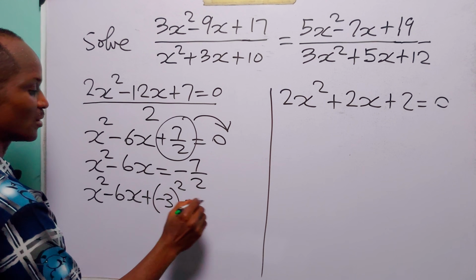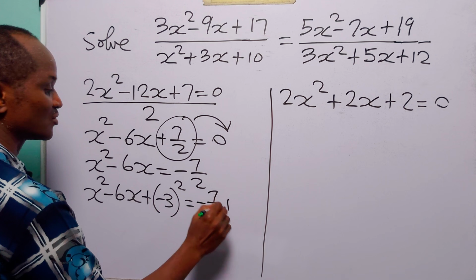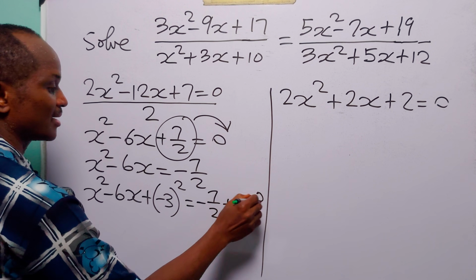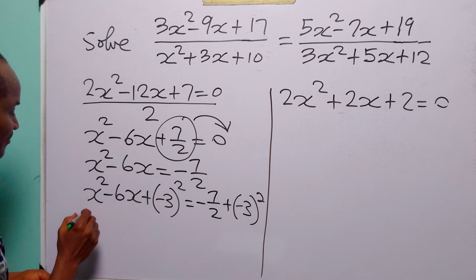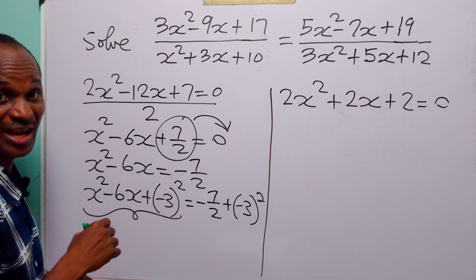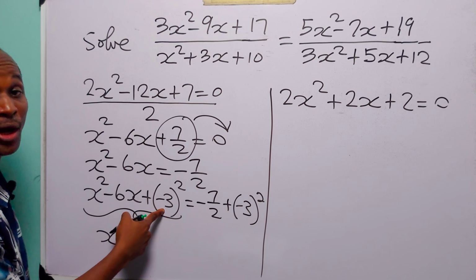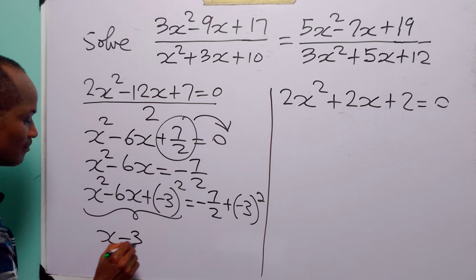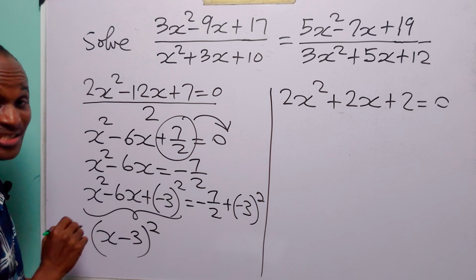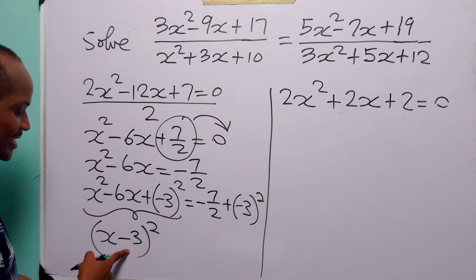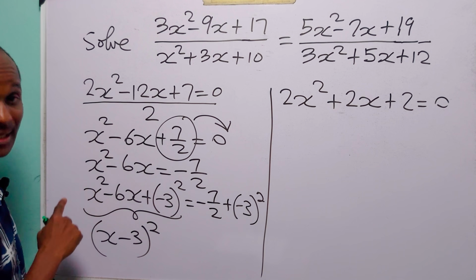And this is equal to minus 7 over 2 plus minus 3 squared. Now this is a perfect square. So we take 1x and we take 1 minus 3 and we square.